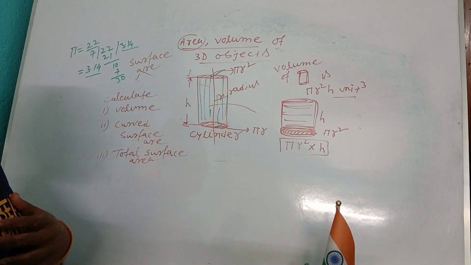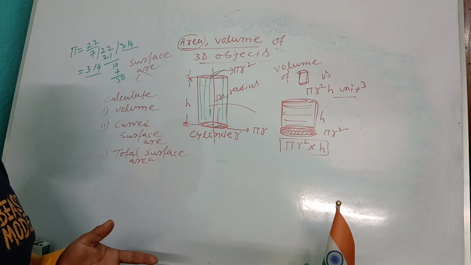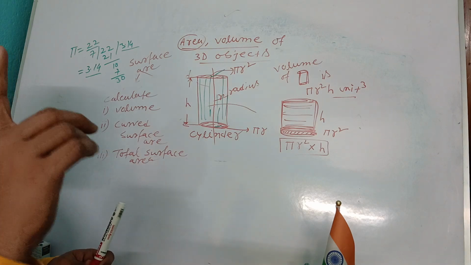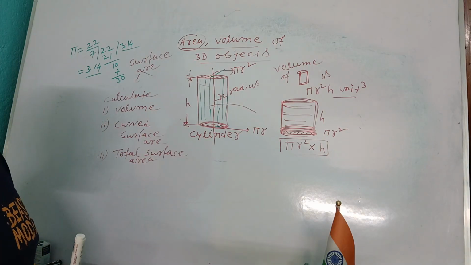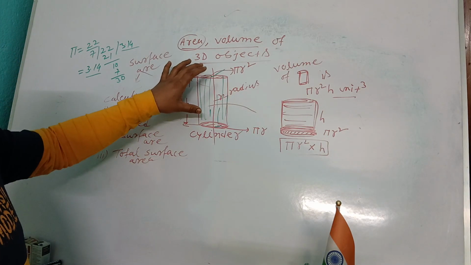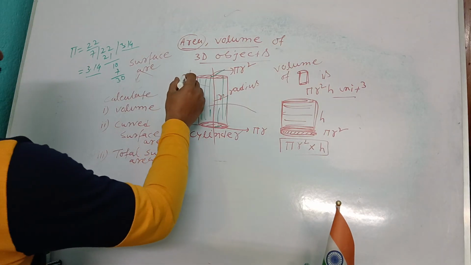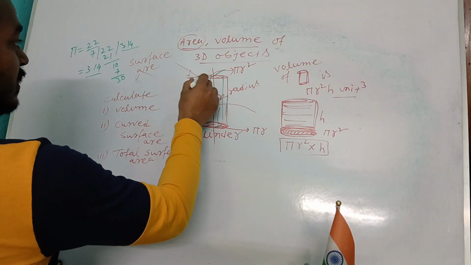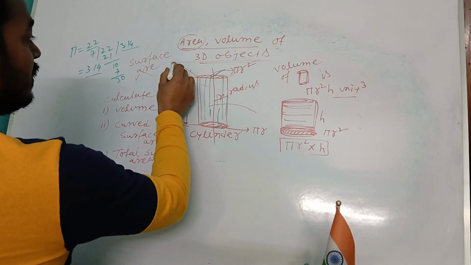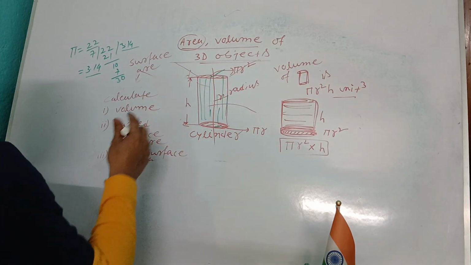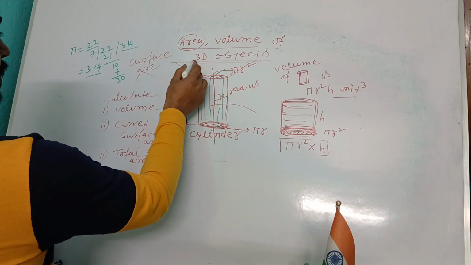For example, in our cities you can see flyovers where the pillars are cylindrical in shape.